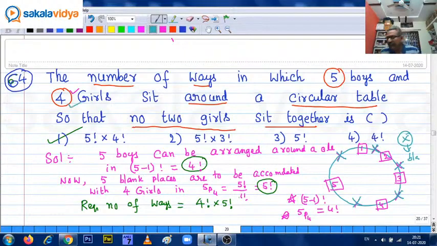That can be done in 5p4 ways. So that's why I have written 5p4. 5p4 formula is 5 factorial upon 5 minus 4 factorial, that is equal to 5 factorial by 1 factorial. So that is 5 factorial. Okay.